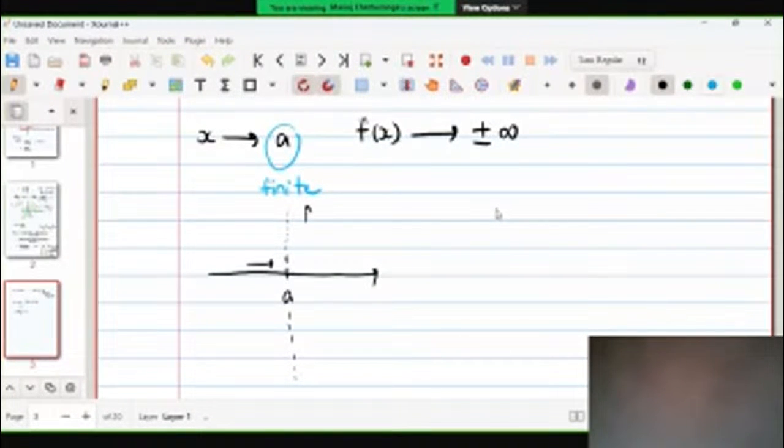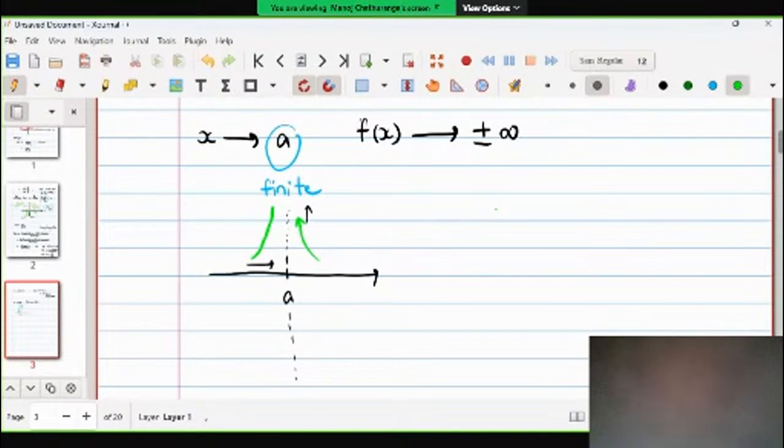So the shape of the graph is something like this, or it may be something like this.